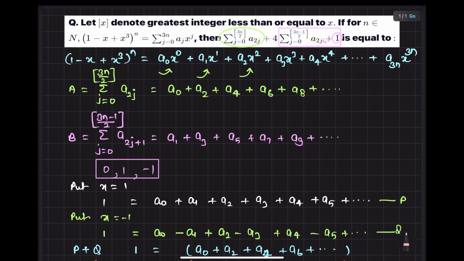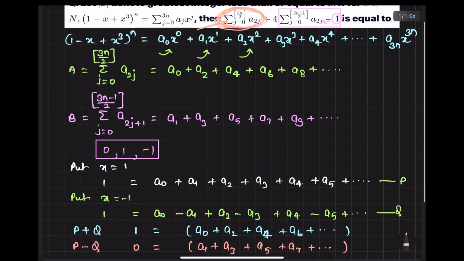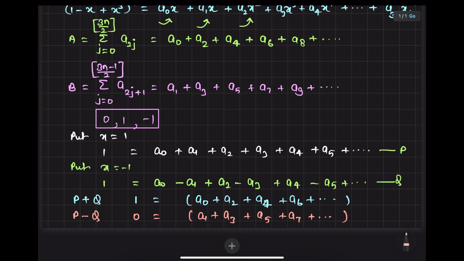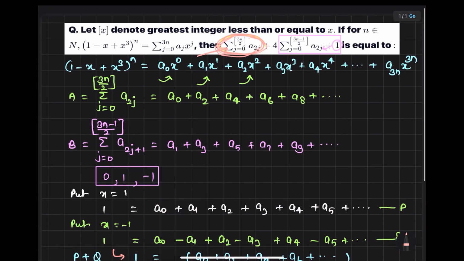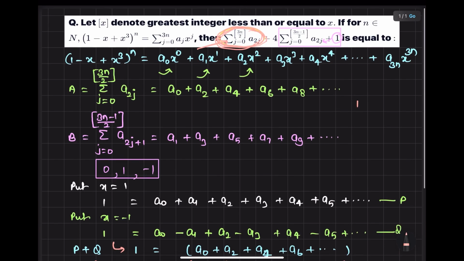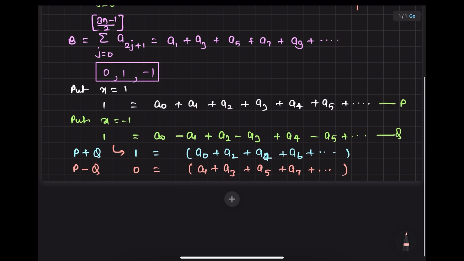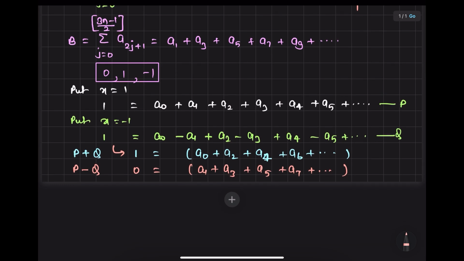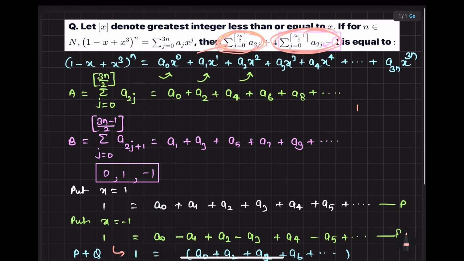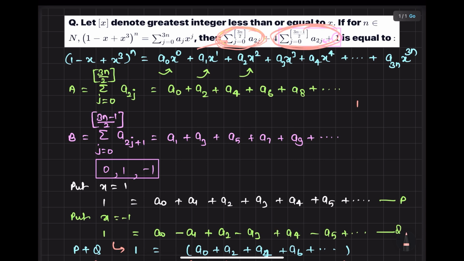Now look at this. This is the sum of even lower subscripts, and the sum of even lower subscripts is 1. So we got 1. Now 4 times the sum of odd lower subscripts: the sum of odd lower subscripts is 0, so 4 times it will become 0.